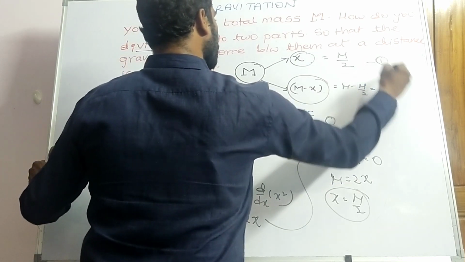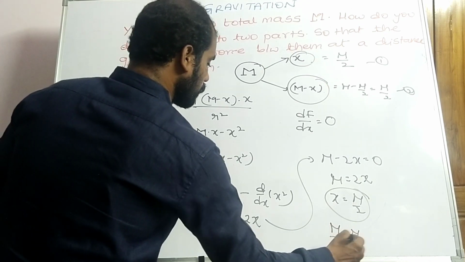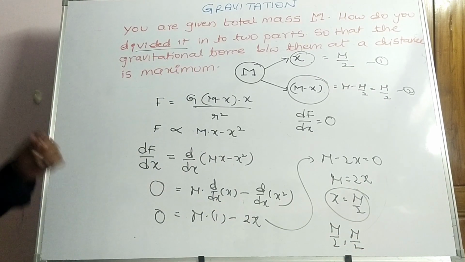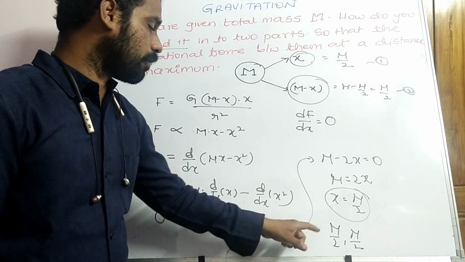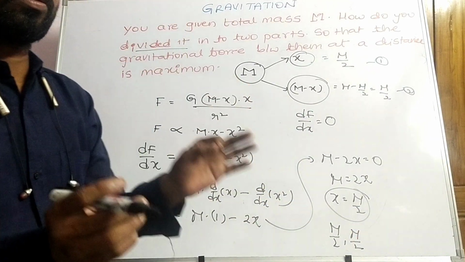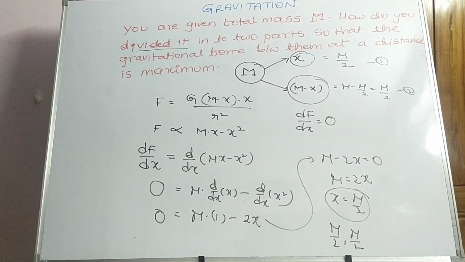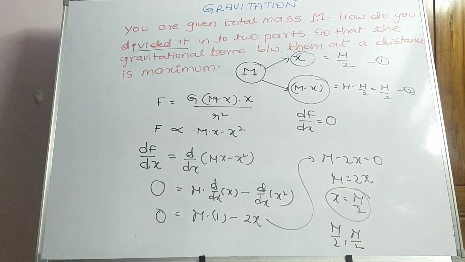This is the first mass, this is the second mass. Those two parts are divided as M by 2 as well as M by 2, so the two parts are equal in mass. Like that we have divided, hence we can obtain maximum force.